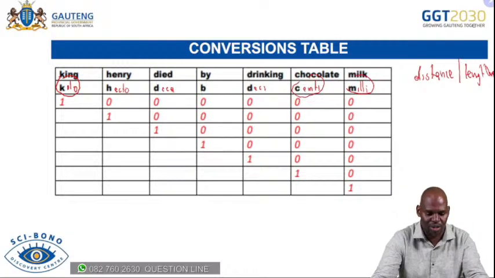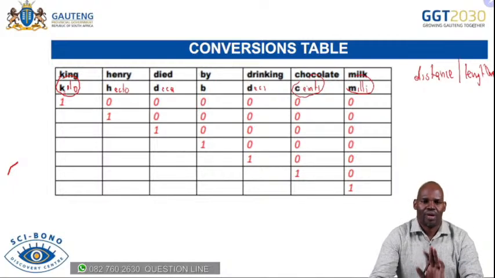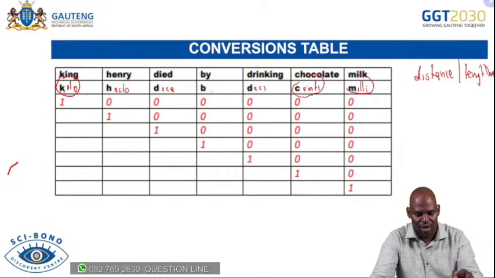What does this mean? It means this will be a kilometer, this will be a centimeter, and this will be a millimeter. Now, if we're converting a distance or a length, the one that is exactly in the middle, the one by the word by, will represent a unit.